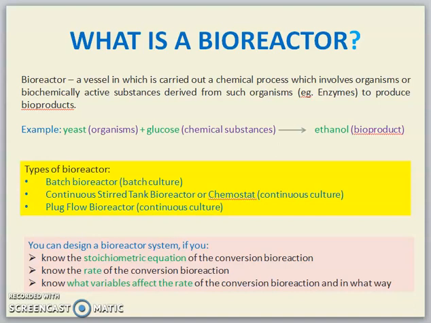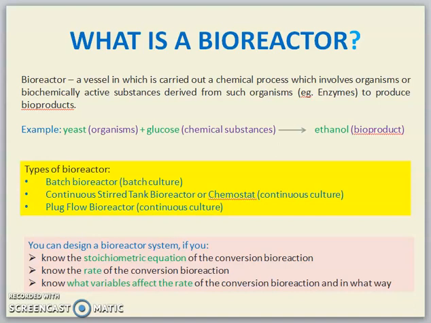For example, in the production of ethanol, also known as bioethanol, we use yeast as the organism and glucose as the chemical substance, which is known as a substrate. In the bioprocess, you need a substrate for a cell to consume in order to produce a bioproduct.